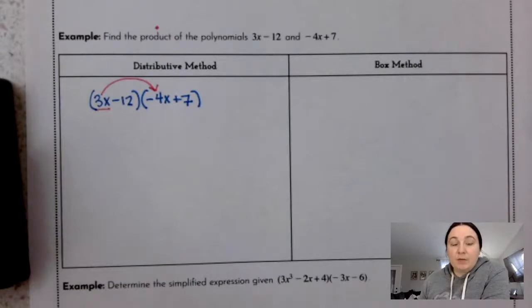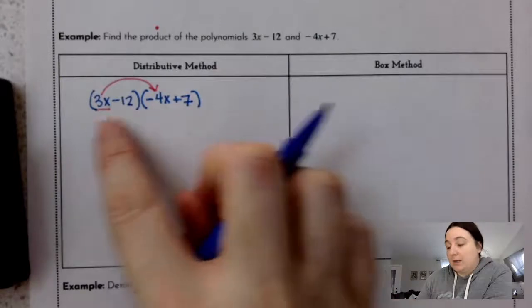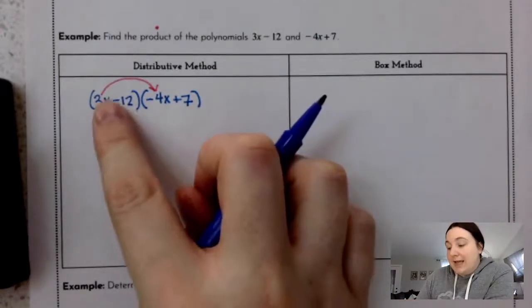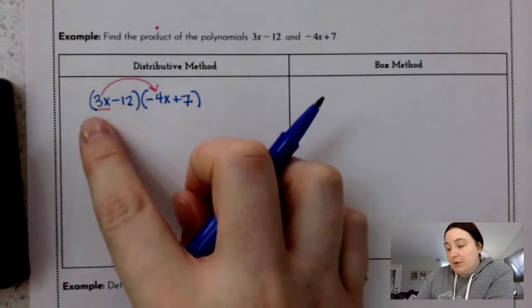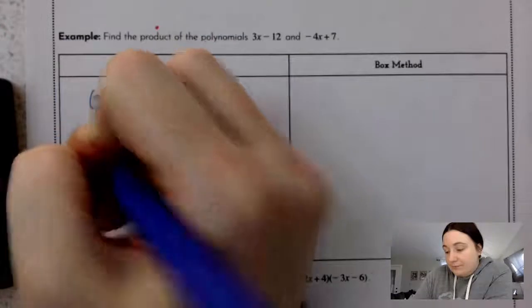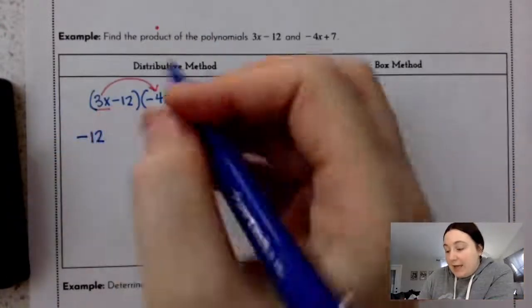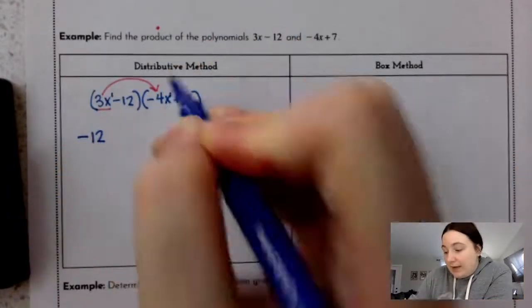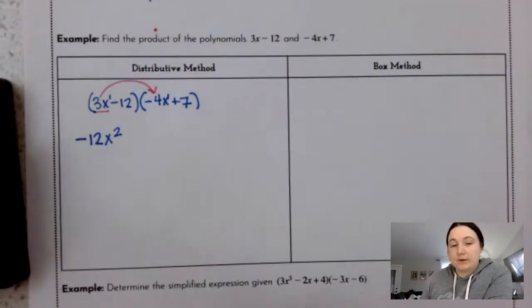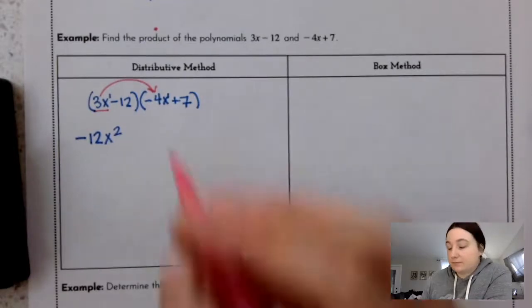And remember, when we are multiplying our terms, we are actually going to add our exponents. So we multiply the numbers out front, so 3 times negative 4. And then you're going to add up these exponents. So I have 1x and 1x, that makes 2x's, so x squared. So whenever you're multiplying, you want to add your exponents.